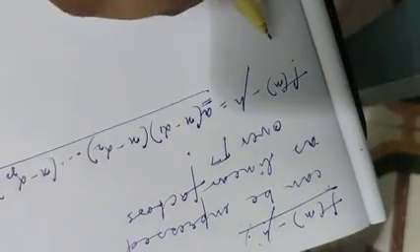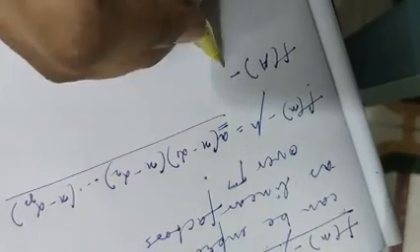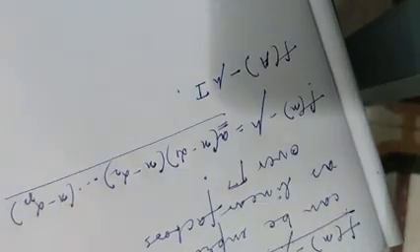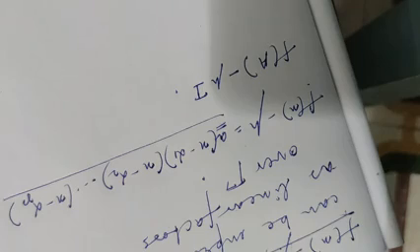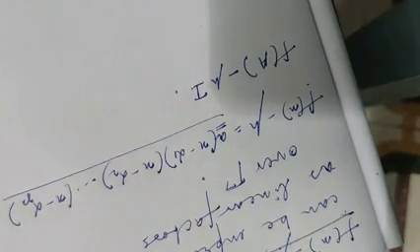Now putting x equal to capital A, what will we get? f(A), it is a matrix, minus mu I. We cannot subtract this mu from a matrix. We need to multiply it with the corresponding identity matrix.